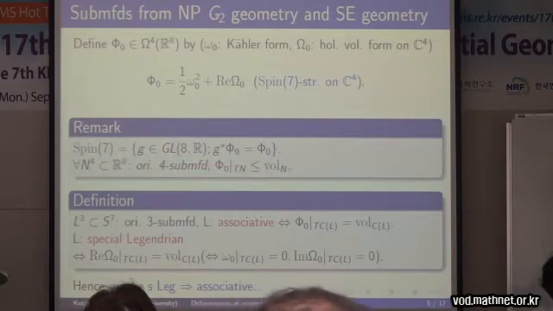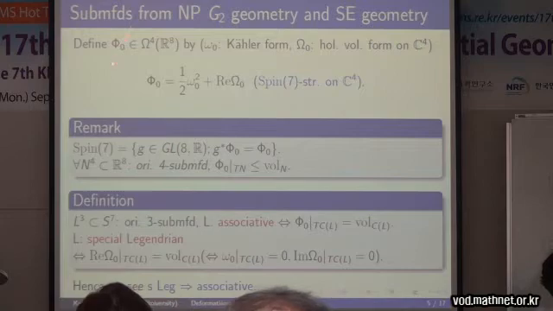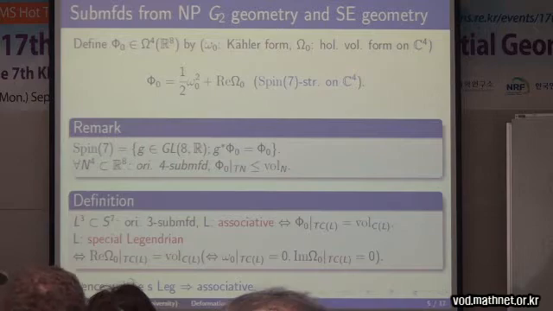So to define, first define phi 0. This is a four-form on R8 by 1/2 omega 0 squared plus real part of capital omega 0. Here small omega 0 is a Kähler form on C4, and capital omega 0 is a holomorphic volume form on C4.